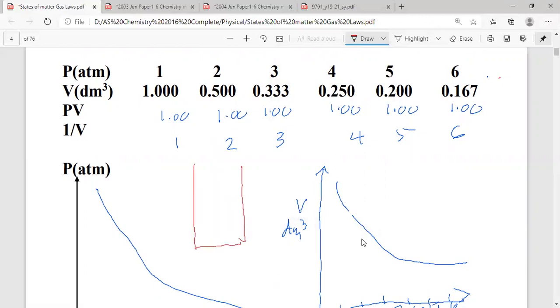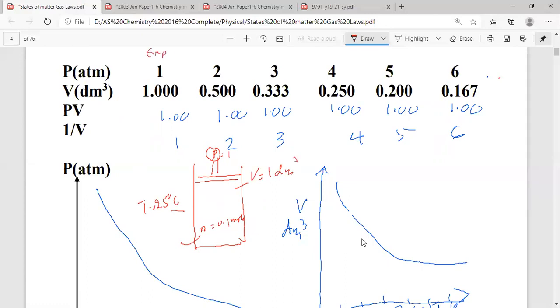The number of moles is 0.1 mole, and the temperature he kept at 25 degrees centigrade. Those are the two constants, and there's a pressure gauge. When the pressure is 1 atmosphere, the volume is 1 dm cubed.